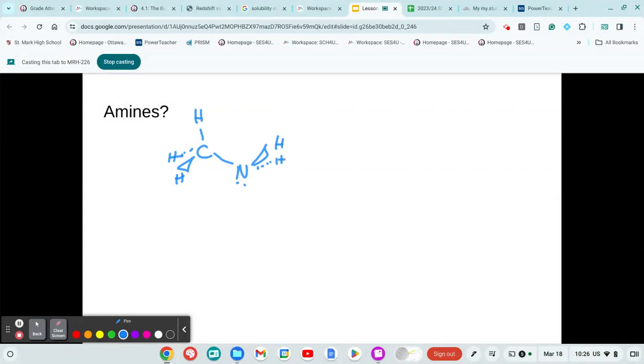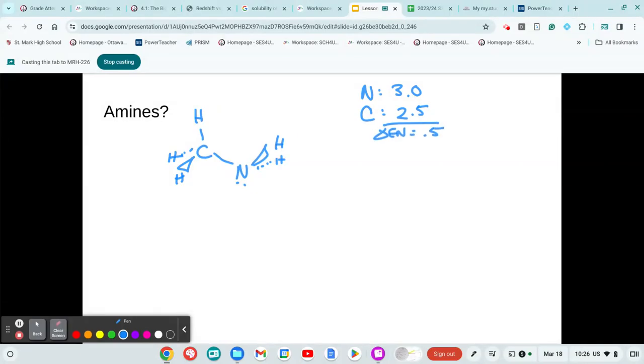That molecule has some bonds between carbon and hydrogen. We know those aren't polar. What about the bond between carbon and nitrogen? Polar or not? Well, nitrogen is 3.0, carbon is 2.5.